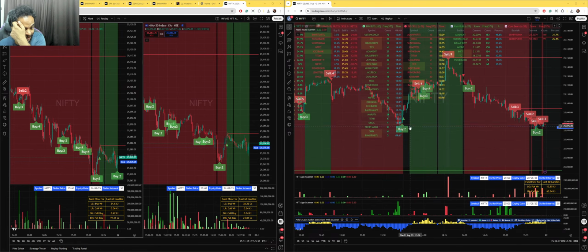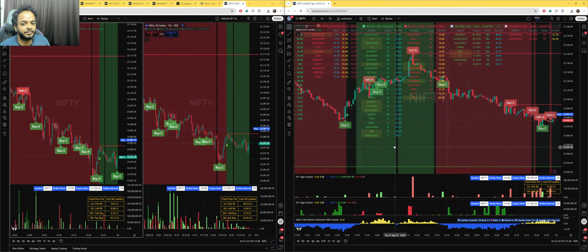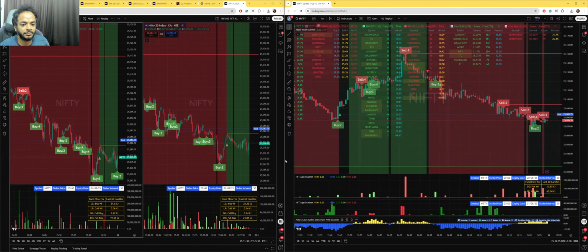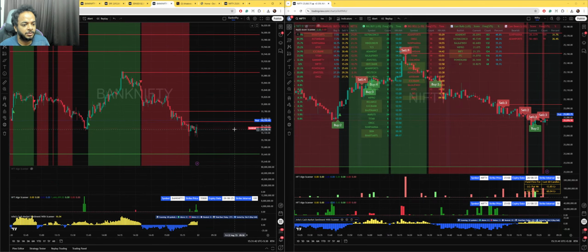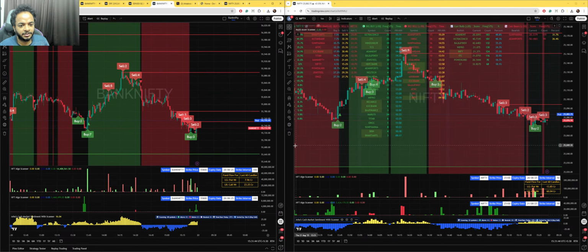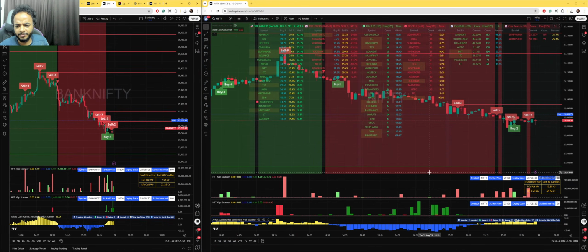What you can do there is use some EMA or SMA 9 or something to let the algo understand the charts have started bending. So yeah, this is the final condition in Bank Nifty as well as in Nifty.